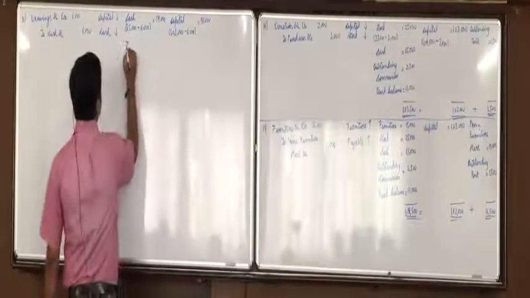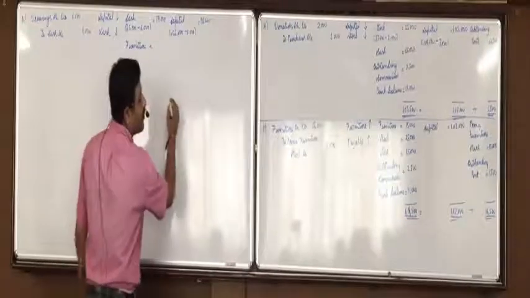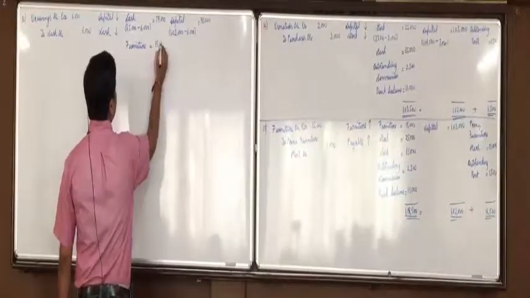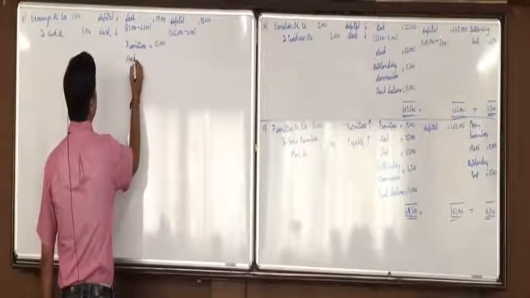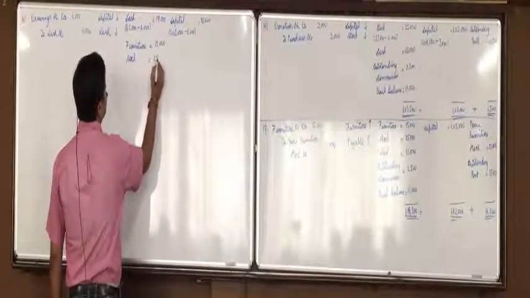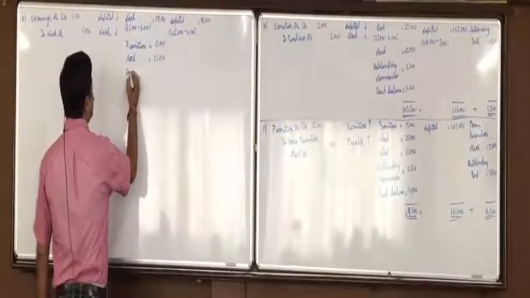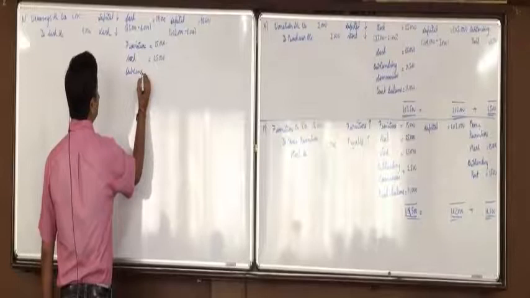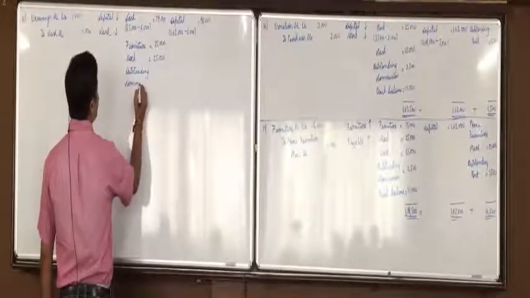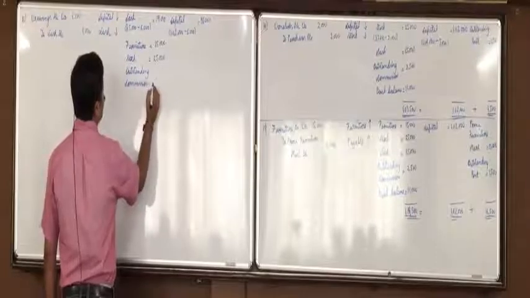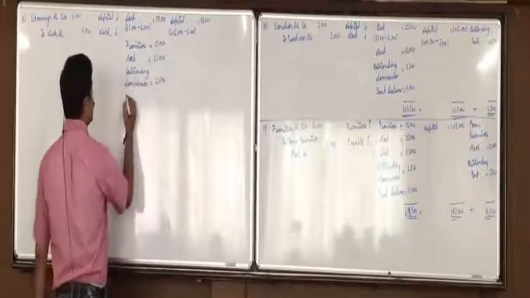So furniture 15,000. Stock 25,000. Outstanding commission 2,500. And bank balance 11,000.